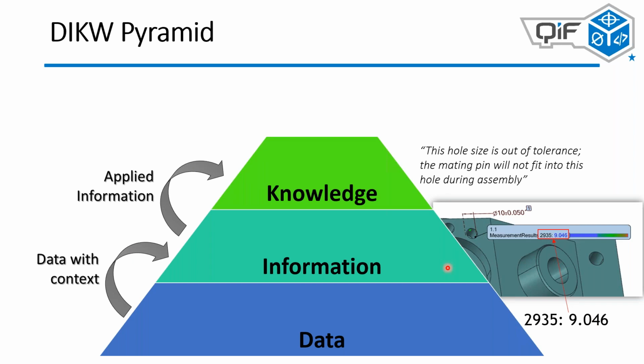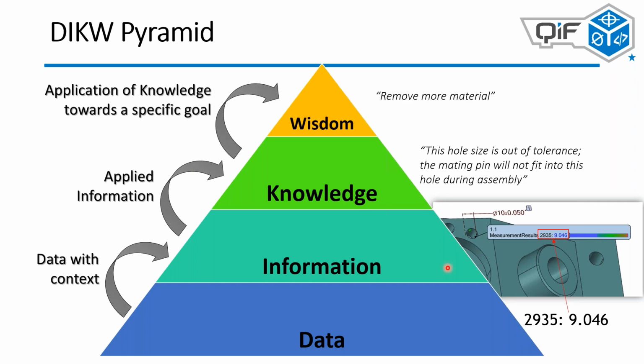So in this example, we have data of just some type of number, but in the context of a measurement result for a hole, you have some information, and then with that context, you have knowledge, which is basically: this hole size is out of tolerance. The mating pin will not fit into this hole during assembly, and therefore you can apply that knowledge and make some wise decision: we need to remove material so that we can have a hole within tolerance.